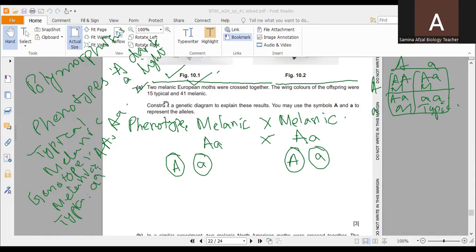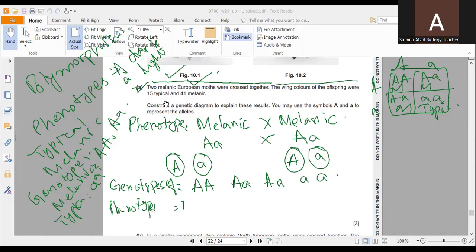So the genotypes of the offspring are capital A capital A, capital A small a, capital A small a, small a small a, and the phenotypes are melanic, melanic, melanic, and typical.